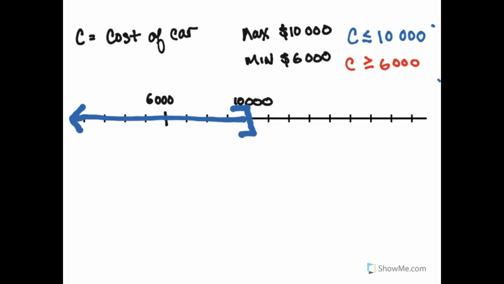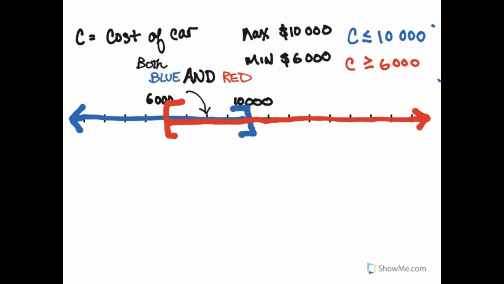If I graph the inequality C is greater than or equal to 6,000, I'm going to include 6,000 and shade numbers greater than 6,000. The price range between 6,000 and 10,000 is shaded both blue and red. The connector between the two inequalities is AND.